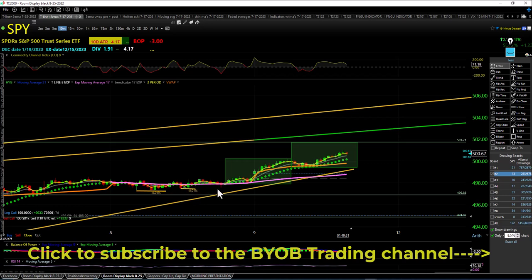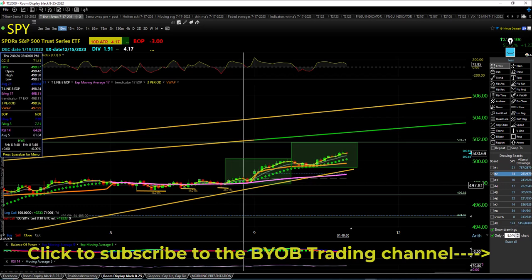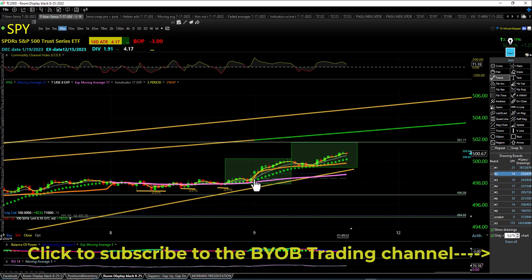It's like pushing a spring together, and then it's got all that energy inside it. So it's coiling up here. And then we got another higher low right here. And then we got another higher low right here. You see how price action's coiling up? It gets higher and higher and higher.